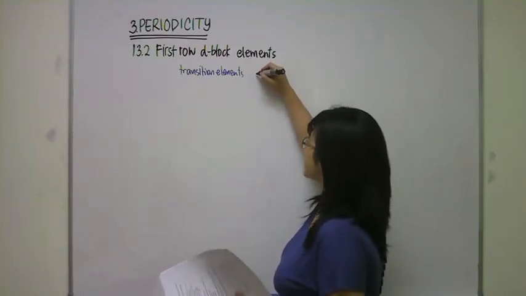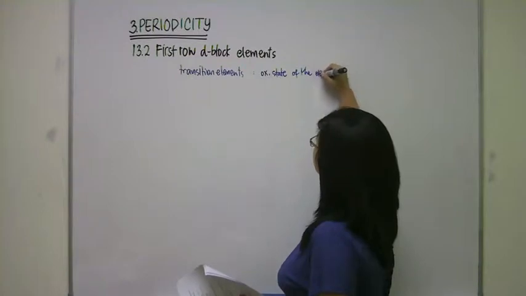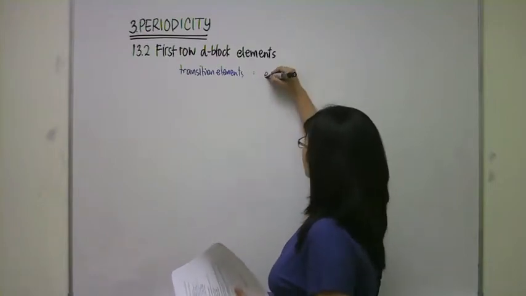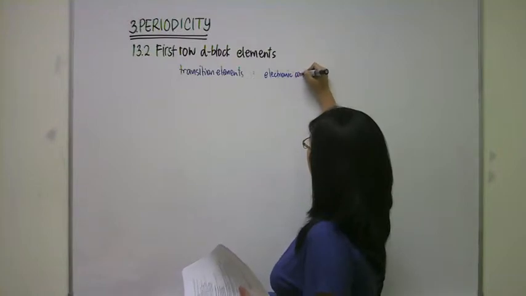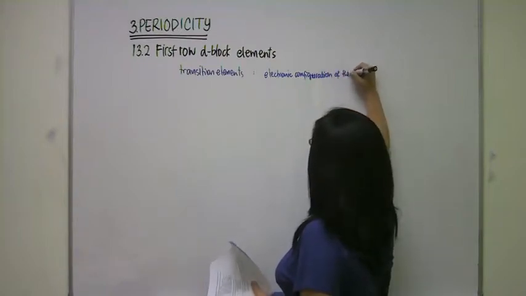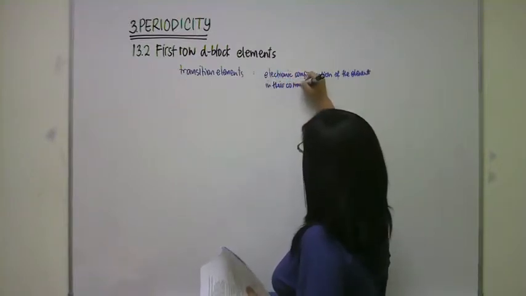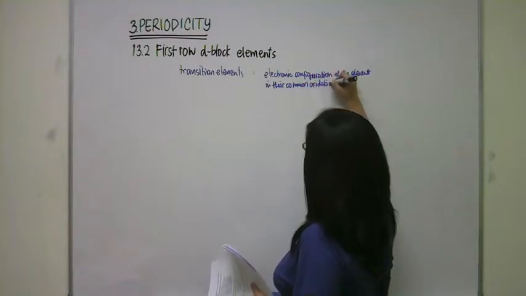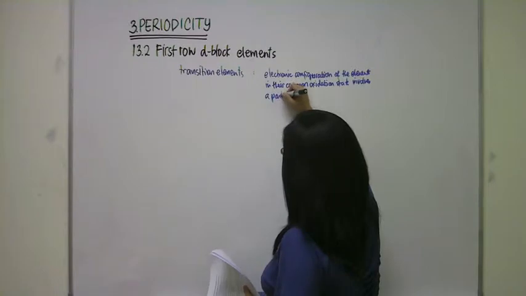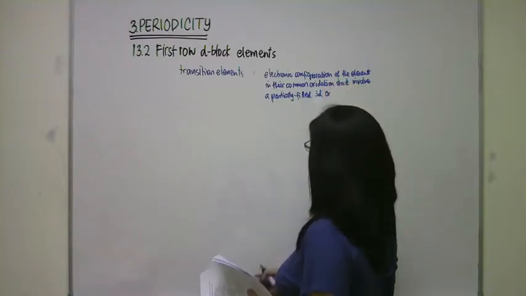So you need to emphasize that for transition elements, we are talking about the oxidation state, or rather the electronic configuration of the element in their common oxidation state involves a partially filled 3D subshell.